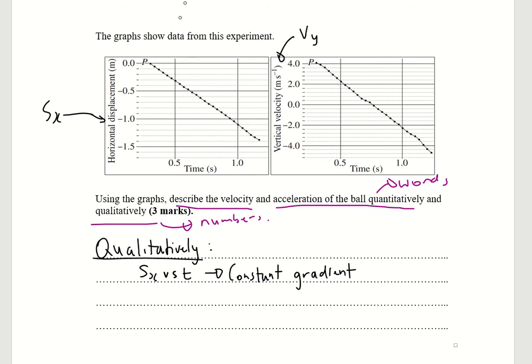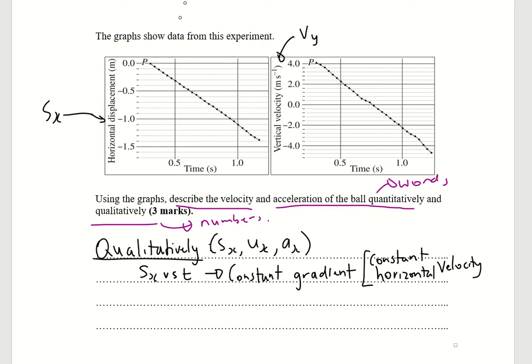Sx versus t, we have a constant gradient, which implies we have a constant horizontal velocity. So constant velocity. Now, how can we prove this mathematically?